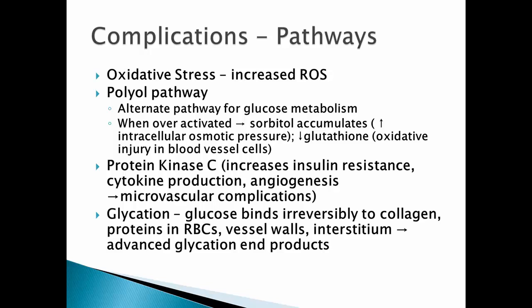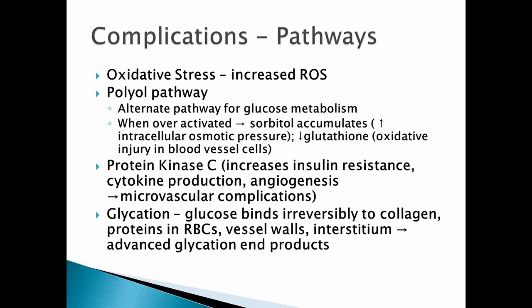When sorbitol increases within the cell, that then increases the intracellular osmotic pressure. At the same time, there is also less glutathione. Glutathione is an antioxidant. So without that glutathione in the polyol pathway, oxidative injury in the blood vessel cells occurs.